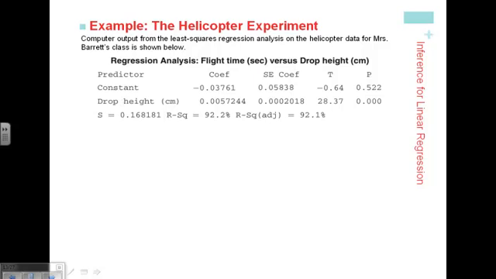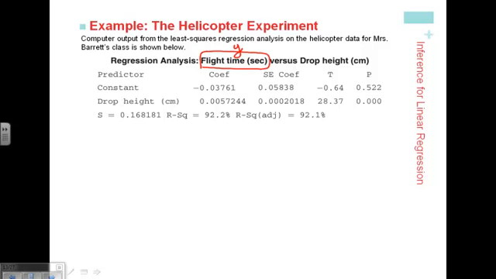Here's the Minitab output. We've looked at this before. Let me go through and hit the highlights. This is the regression analysis of flight time in seconds versus drop height in centimeters. The thing listed here, that's our y, our response variable.